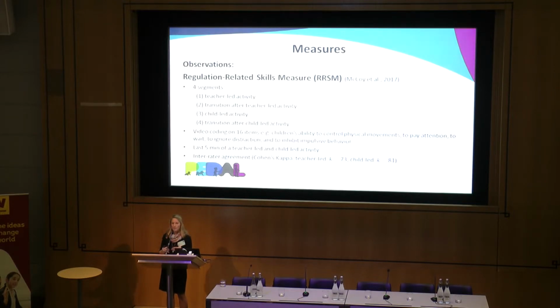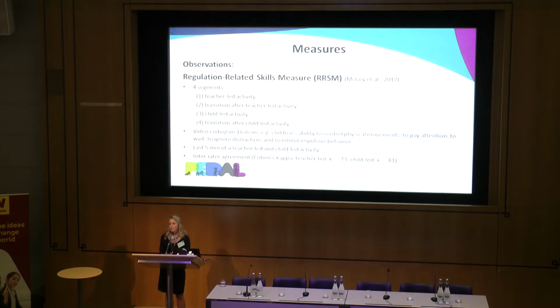So we were asking the teachers about the schedule of the day, and they were pointing out transitions, and then we started to video the children right before this transition. Then we video coded the children on 16 items, on their ability to control physical movements, to pay attention, to wait, to ignore distraction, and to inhibit impulsive behavior.